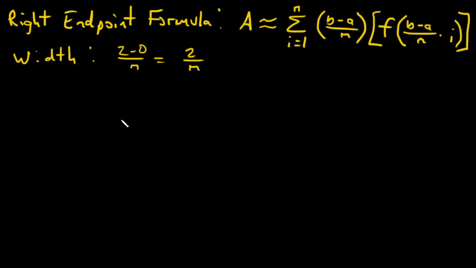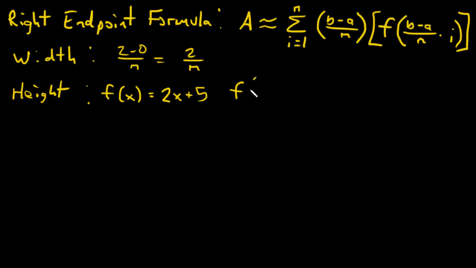Now the height is a little bit trickier, but it's not too bad. I've got f of x is equal to 2x plus 5. So what would f of 2 over n times i give me?